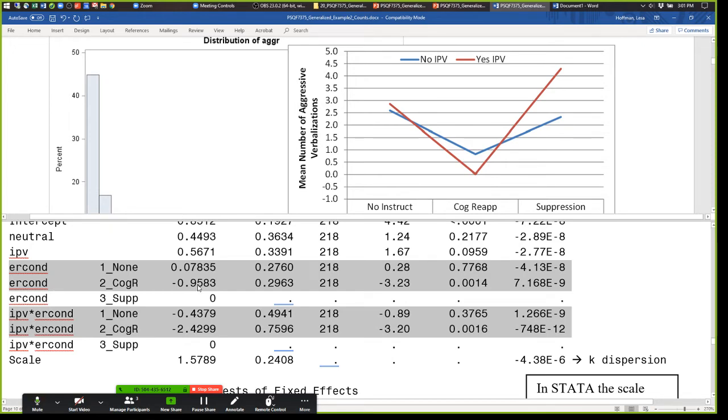People in the reappraisal condition say fewer mean things. How does that tendency change in people who have a history of IPV? It becomes what? And your choices are more positive, less positive, more negative, or less negative. More negative, which means stronger or weaker?